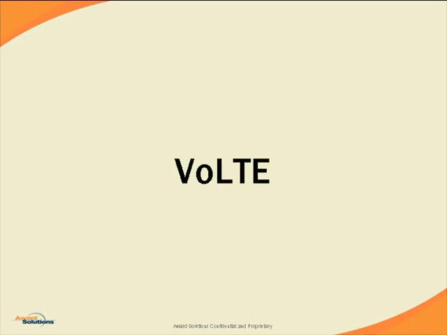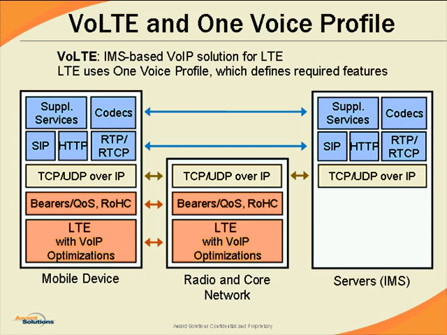Okay, voice over LTE. Now, what is this voice over LTE? Basically, it is an IMS-based voice over IP solution for LTE. If you recall, there is no circuit switched core network in LTE.